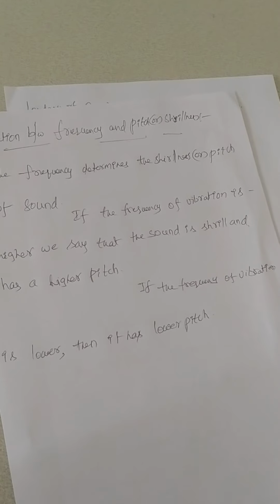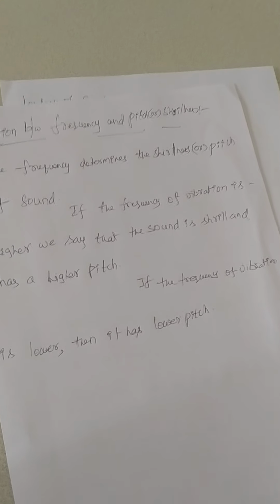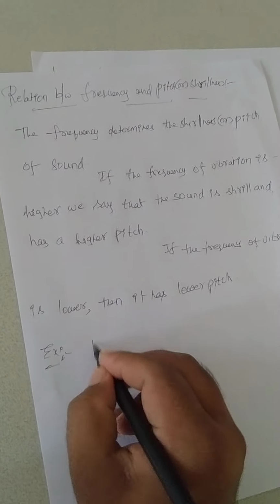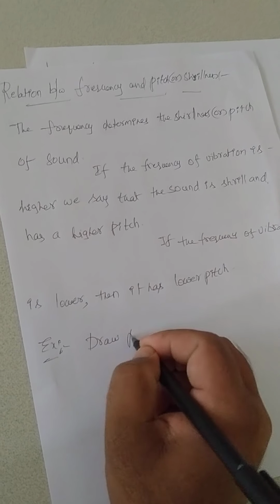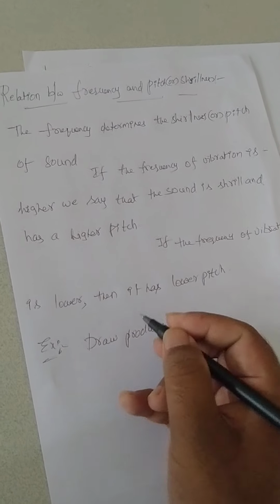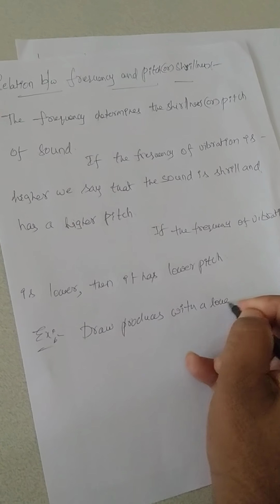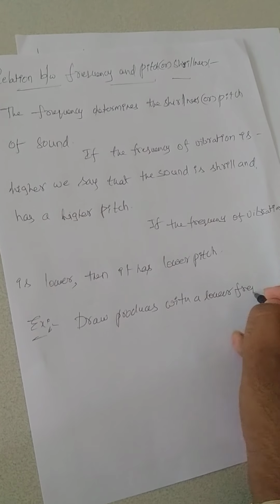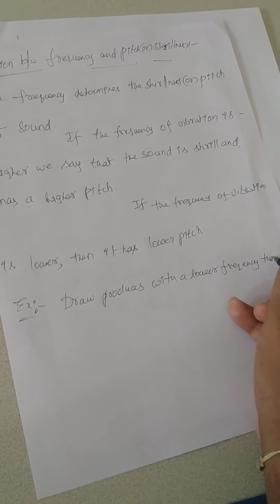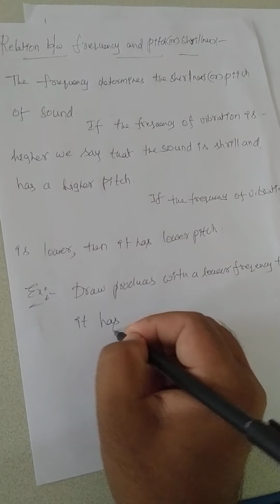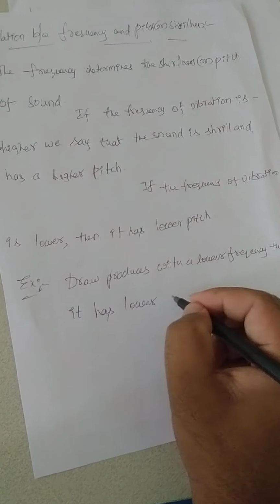So for example, a drum vibrates with a lower frequency, and therefore it produces a lower pitch of sound.